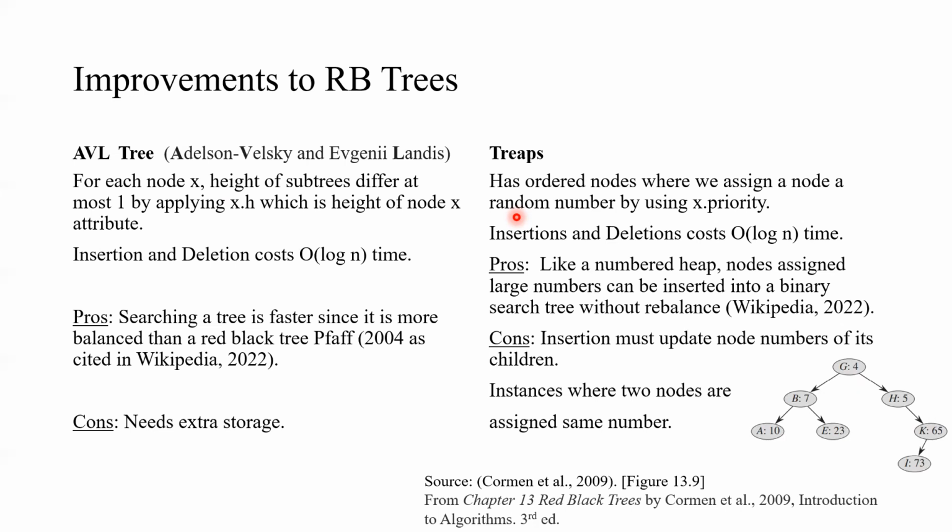Our con is that once you insert a node, you have to account for all of its descendants. You have to update those node numbers. And there might be a small probability that 2 nodes are assigned the same number. So that's something to keep in mind. You have to keep track of the node numbers so that no 2 nodes have the same number.